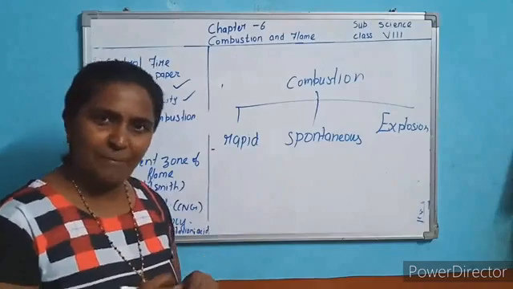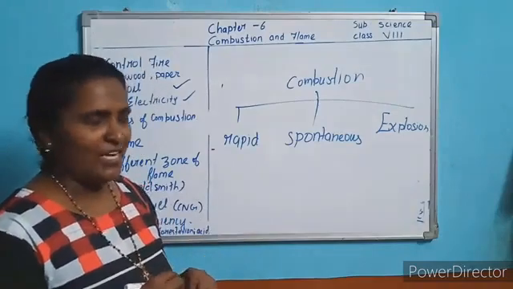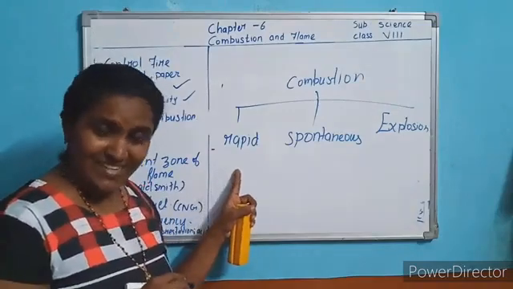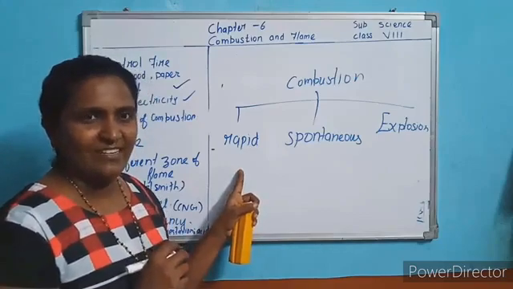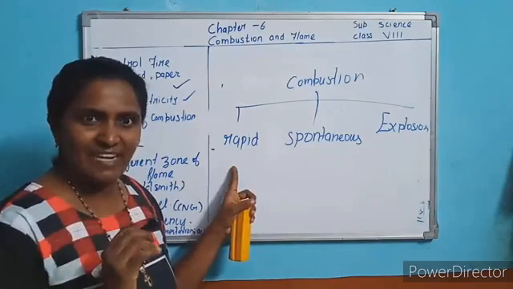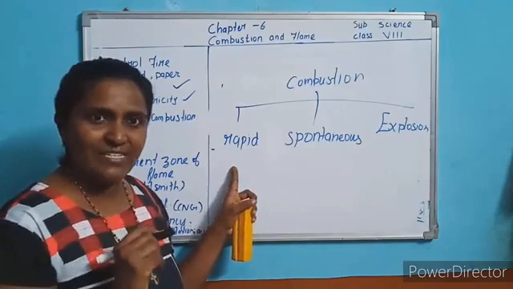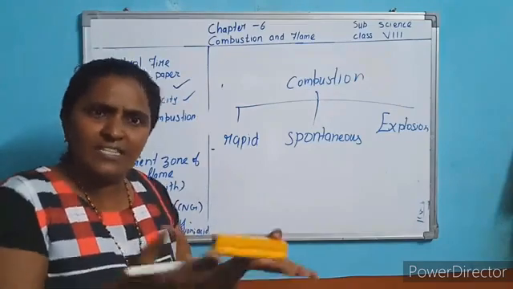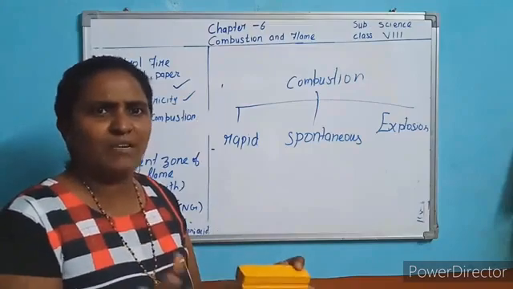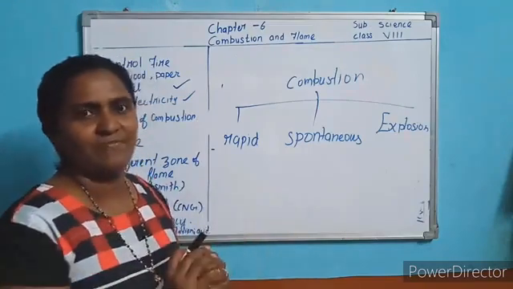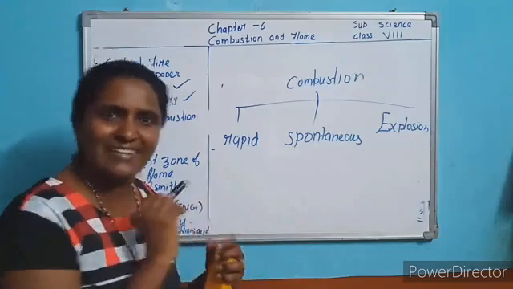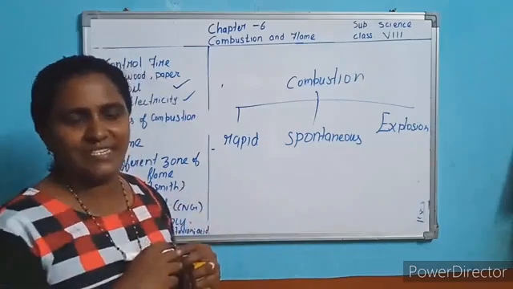Here an example is LPG. Combustion takes place with the help of an agent. Petrol is another example. Why is an agent required? It does not burn automatically. It does not go for combustion automatically. We have to give some ignition temperature. For LPG gas also, we have to use a lighter to provide ignition temperature.